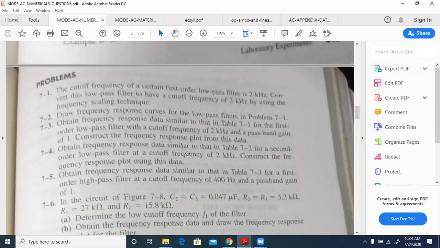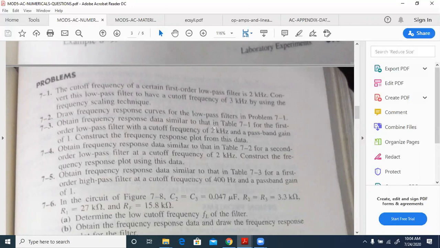R1 you can choose or need not choose because it is just a voltage follower. You just have to mention that, and then the frequency response can be found out for the same. That means AF will be equal to 1, and this is 2 kilohertz only.